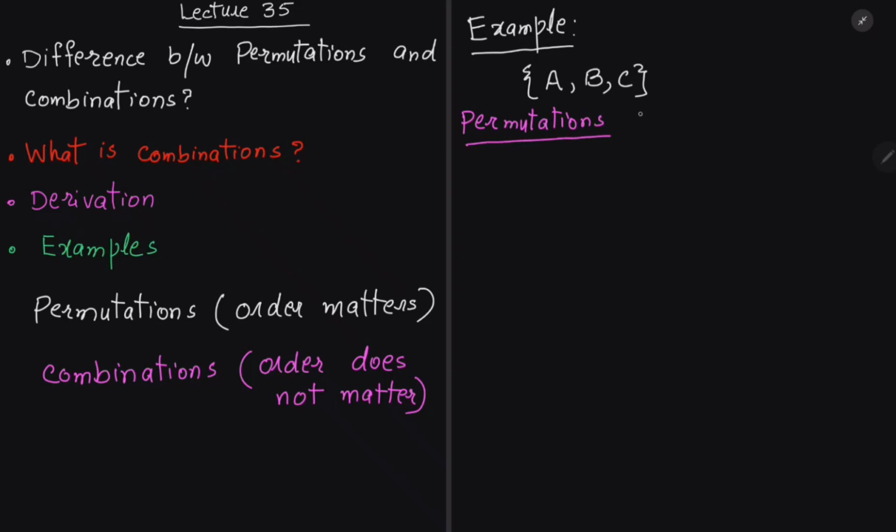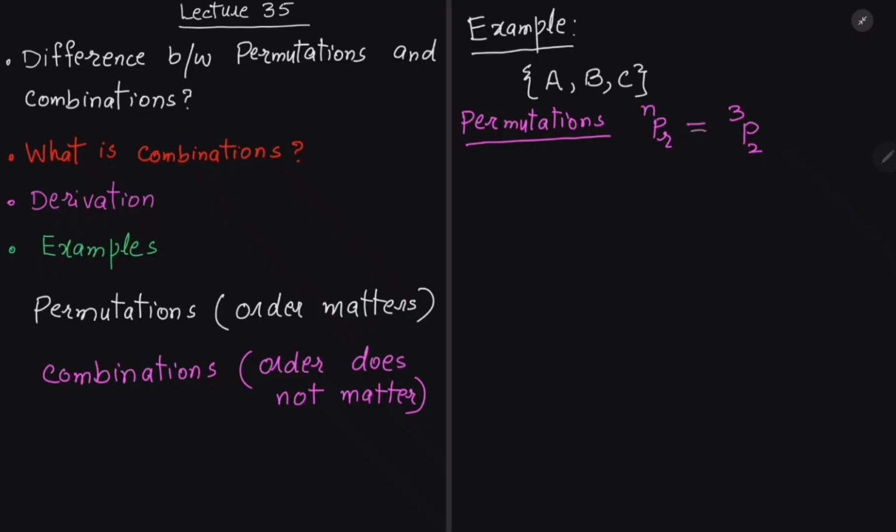We know that the formula for permutation was nPr, but here we want to make permutations of r equal to 2 objects. So it means that there are three total elements, and from these three elements you want to make a set of two. That's how we write the permutations.